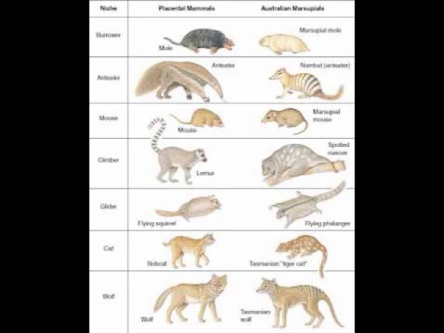The next picture you're viewing is a picture of convergent evolution. Convergent evolution is the process in which species that are not closely related to each other independently evolve similar kinds of traits. For example, dragonflies, hawks, and bats all have wings.